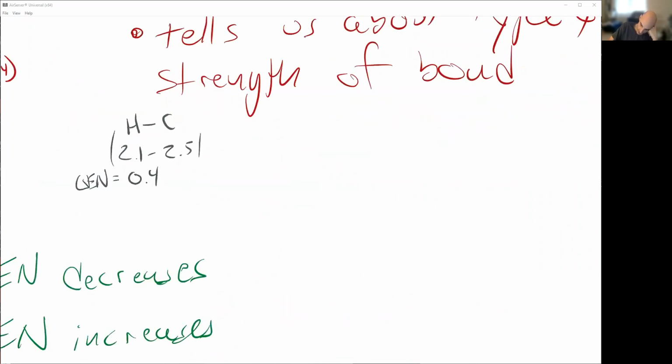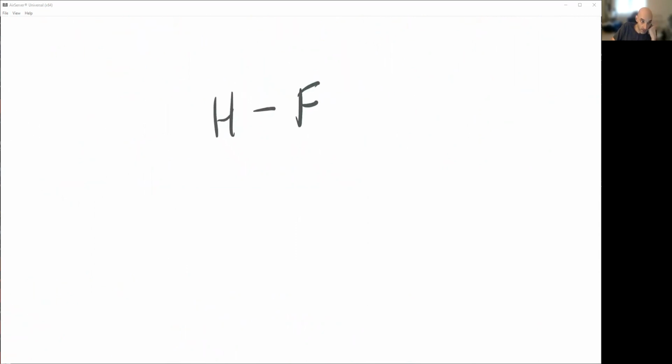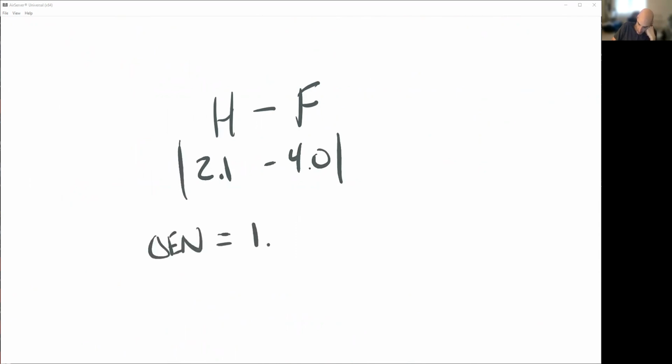But if we look at something like HF, it has a 2.1 for the hydrogen and a 4.0 for the fluorine. So the difference in electronegativity is going to be 1.9.